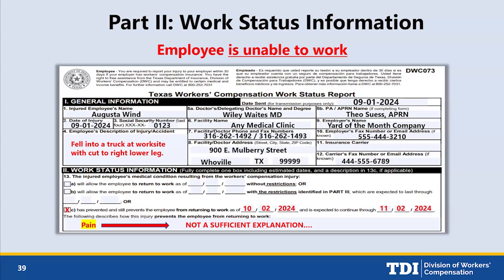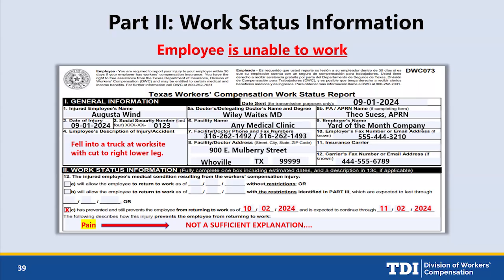So this is important, and we do monitor this in our system. If you're checking 13C, just pay attention and help yourself avoid trouble. The DWC, we're tasked with doing performance-based oversight audits of medical providers, and 73s are randomly selected. And currently, only about 60% of forms that are audited do not have an acceptable description in that box.